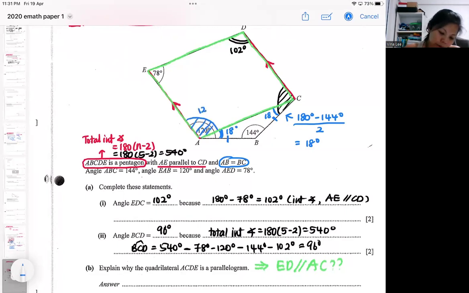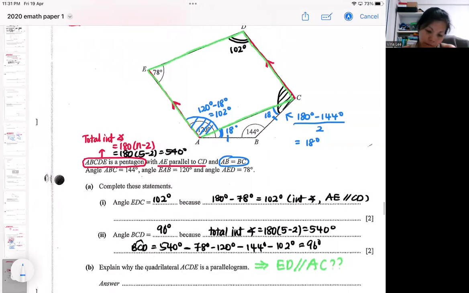So this will be 120 minus 18. So I use the 18 degrees to find out this already. So 120. Sorry, 102.